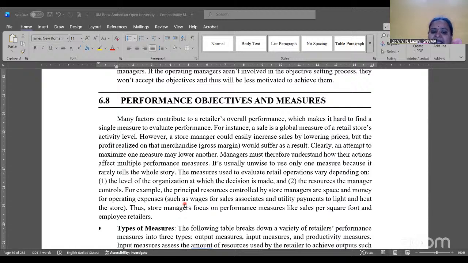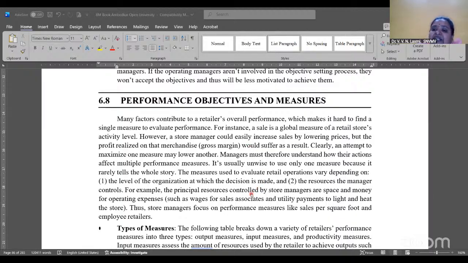In the sense, the management may give targets in terms of monetary targets, while the employees may look at these targets in terms of unit sales.